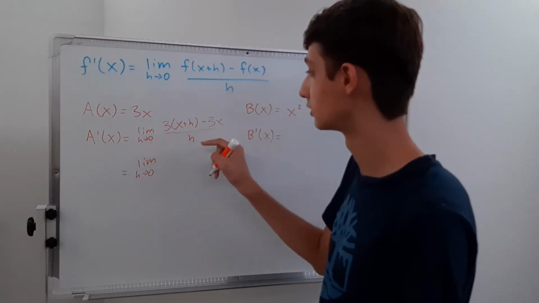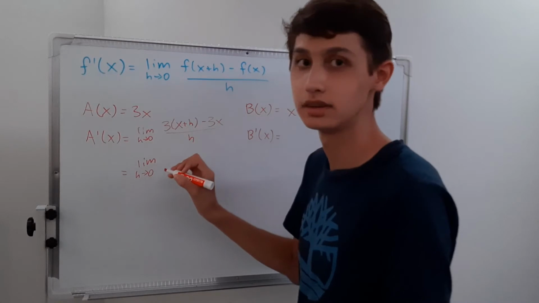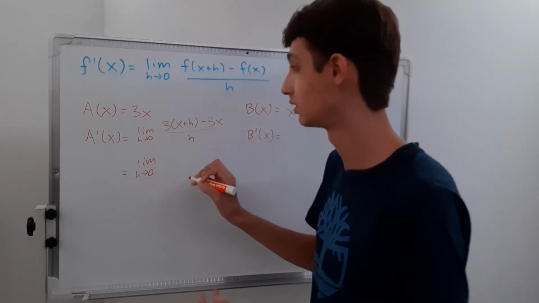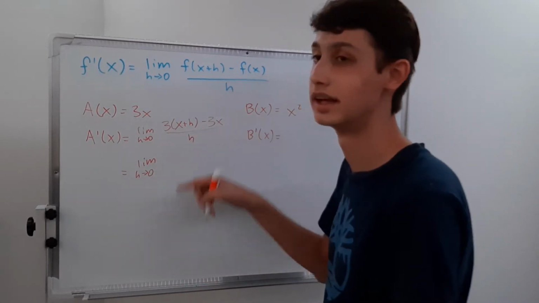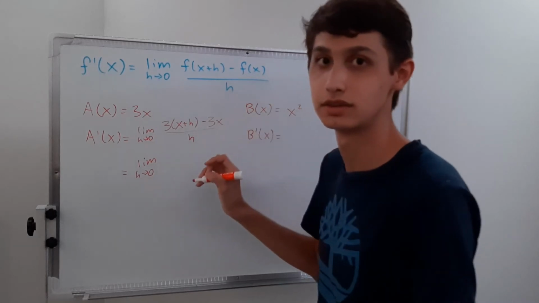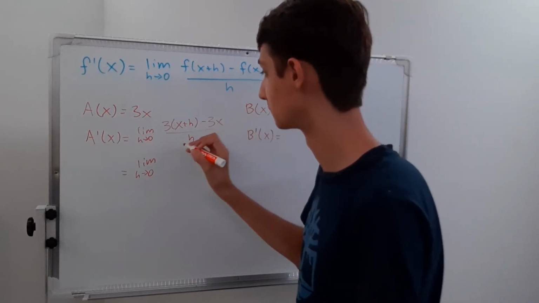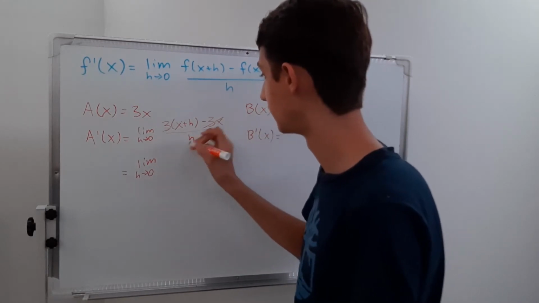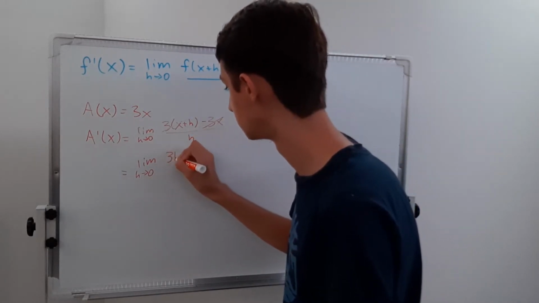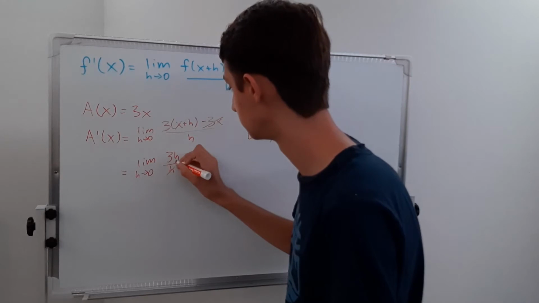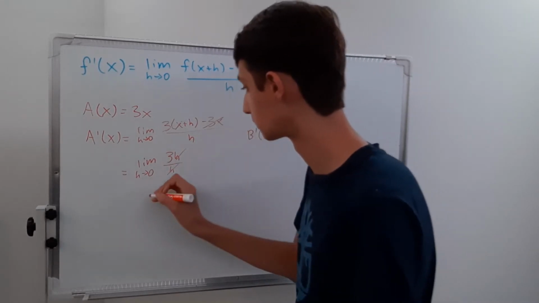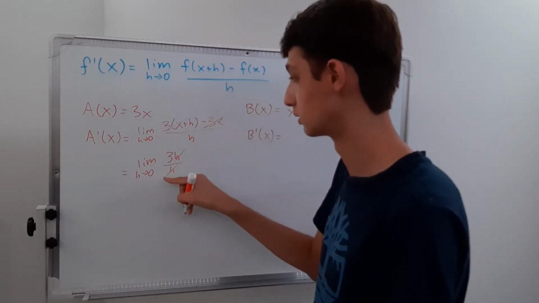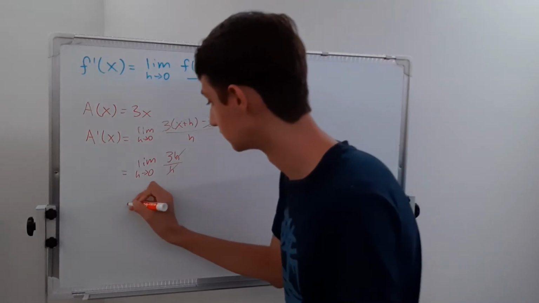This 3x and that 3x are going to cancel. Obviously, on your exam, you should show all of your steps. You should expand this out and then cancel it. But just for the sake of time, I'm going to be quick about this. So this 3x cancels with that 3x. And we only have 3h over h. These two h's cancel. And we're left with the limit as h approaches 0 of 3, which we know is just going to be 3.